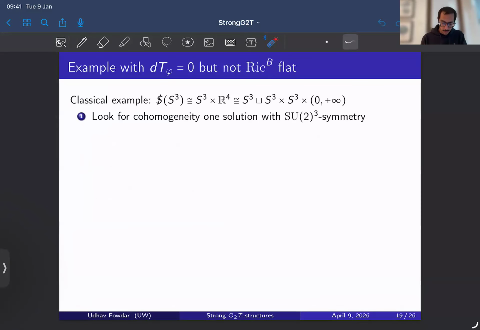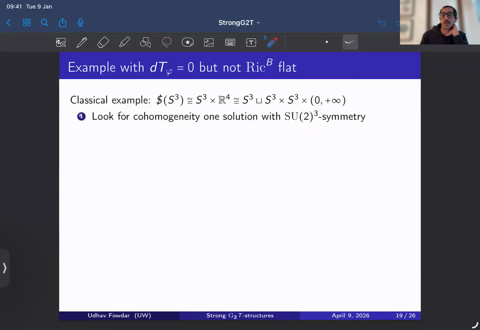So let me tell you about one way that we try to find examples. You would like to look for examples which satisfy dτ equal to 0, but Ricci doesn't necessarily have to be 0. A classical example you can look at is the spinor bundle of S3, which is topologically S3 cross R4. You can make a cohomogeneity one ansatz on the space, so you can look at solutions which have SU2 cubed symmetry.